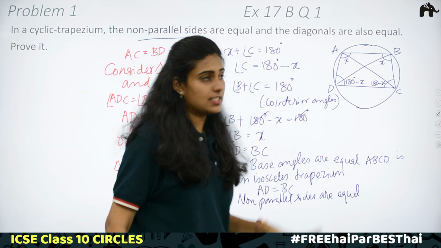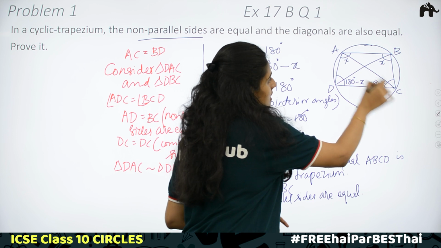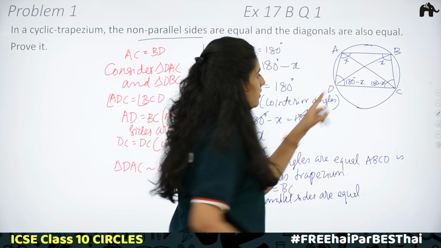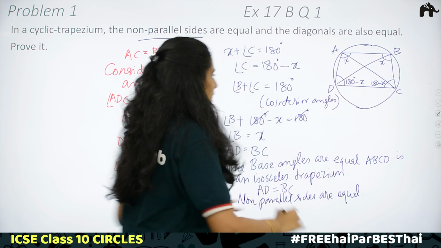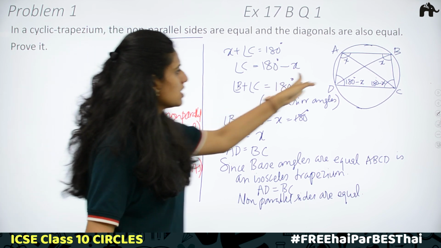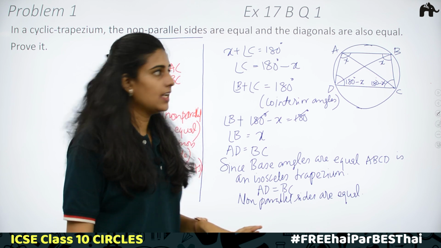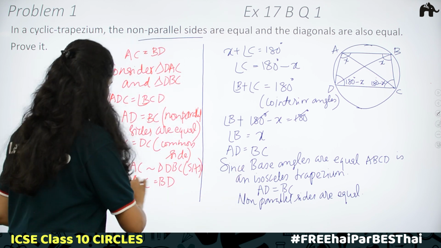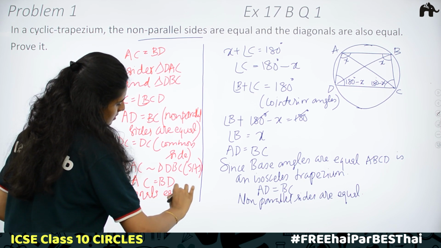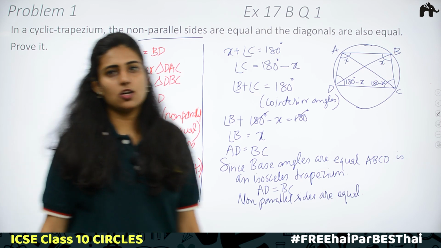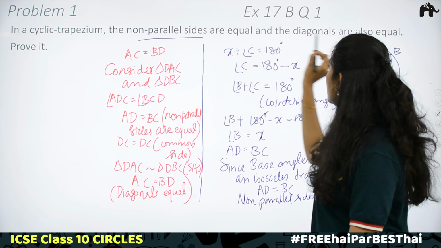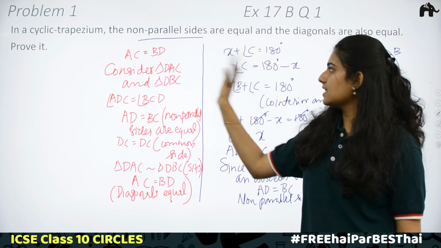Here two sides we already have equal, so the third side should also be equal. Therefore AC will be equal to BD, as they are corresponding sides of congruent triangles. Clear? So, this is how we get diagonals equal. We have proved that the non-parallel sides are equal and the diagonals are also equal in the cyclic trapezium.